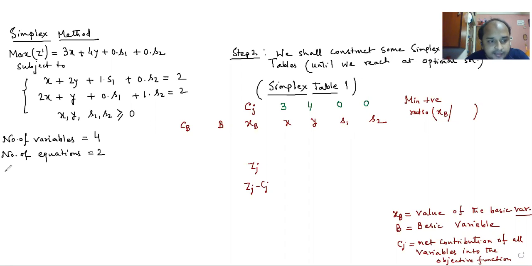So the theorem says, let us denote this 4 by n in general, and that we denote by m. Small n unknowns and small m equations. So the theorem says n minus m variables will be basic variables.